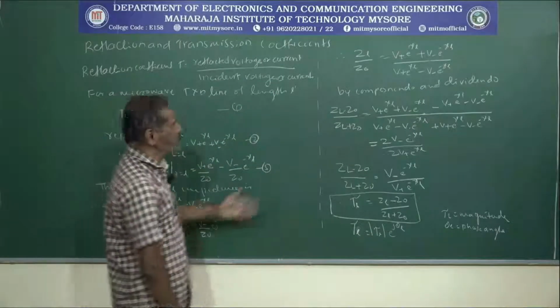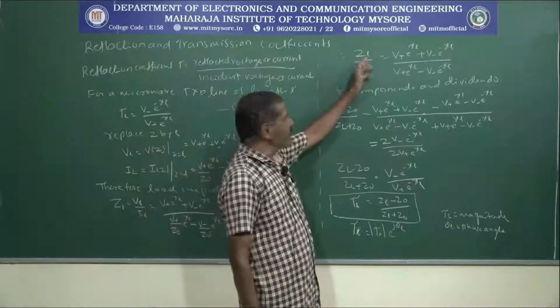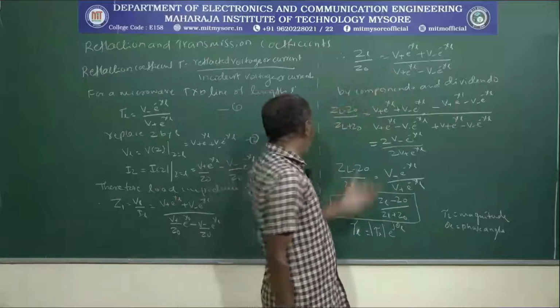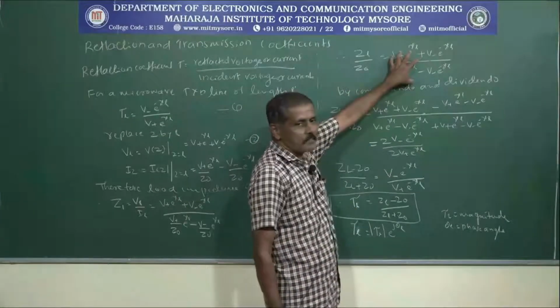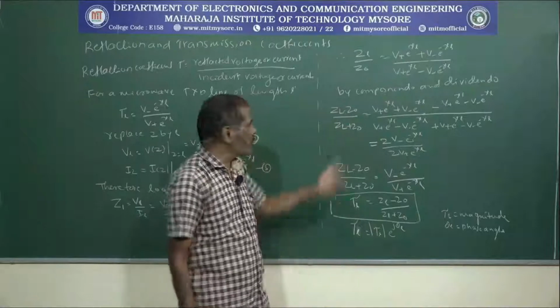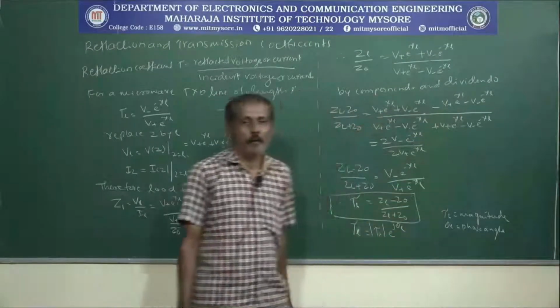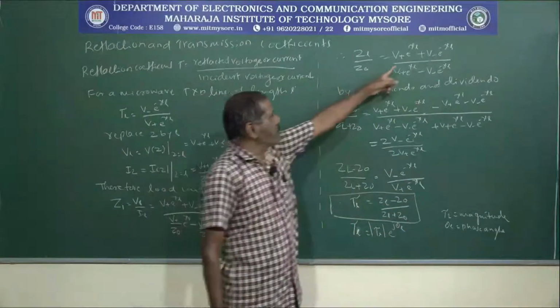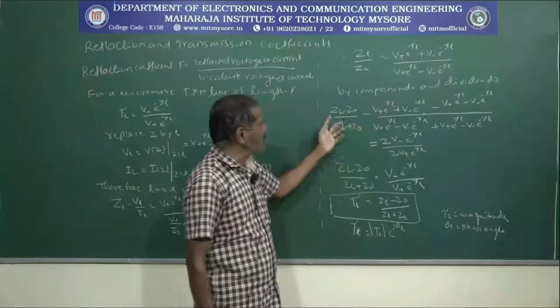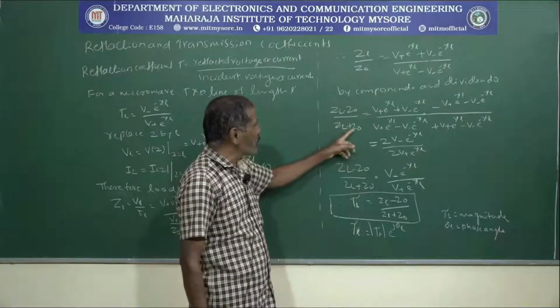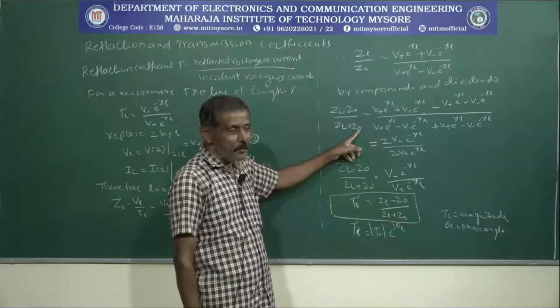Then, for simplification of these equations, I can write it as ZL divided by Z0 and the right hand terms as shown. Next, what you are supposed to do is apply componendo and dividendo operations. So, I can write it as ZL minus Z0 divided by ZL plus Z0.